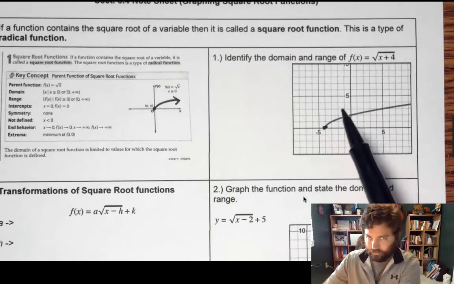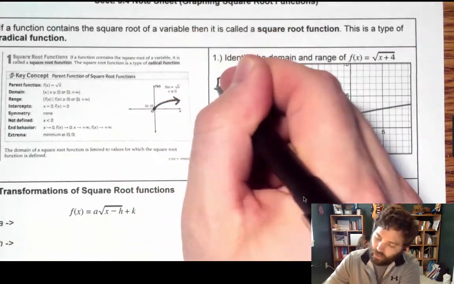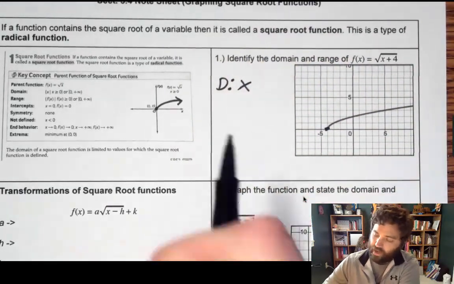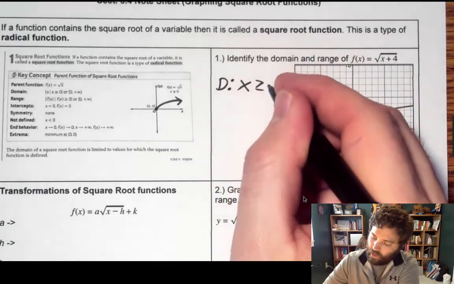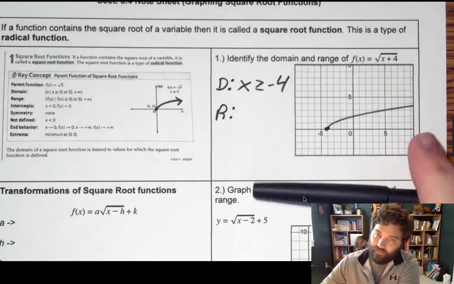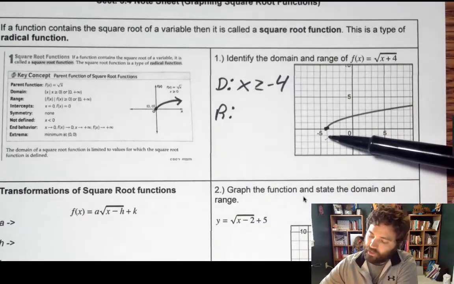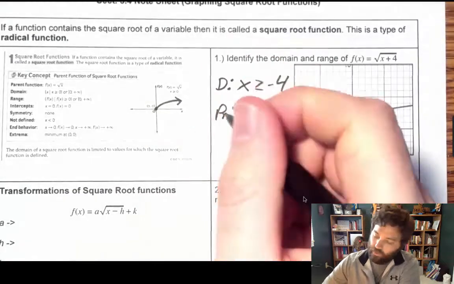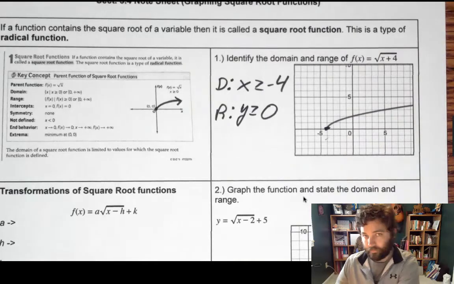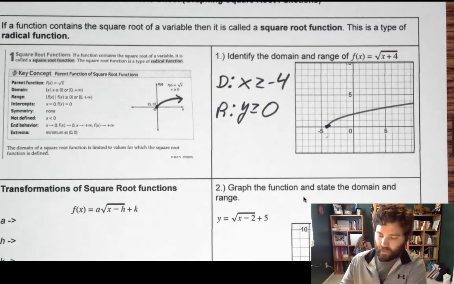So the domain starts at -4 and goes forever to the right, so it's everything greater than or equal to -4. For the range, we're looking at all the y values covered by the graph, and there's no graph down here. The graph picks up at 0, so the range is y greater than or equal to 0. So there's the domain and range for that function.